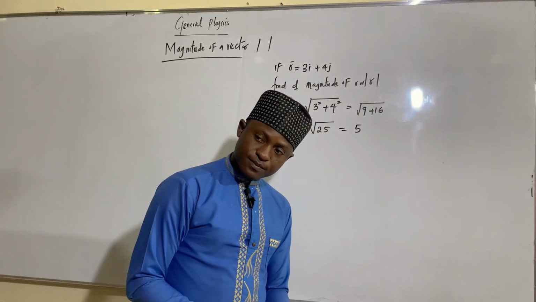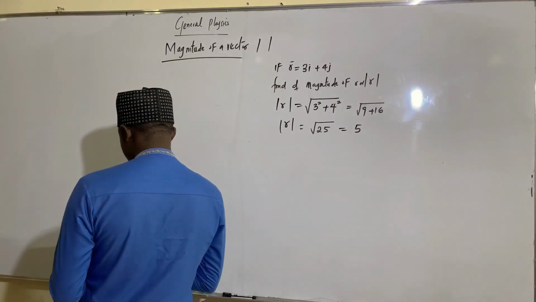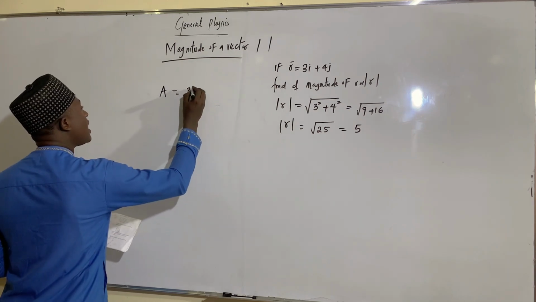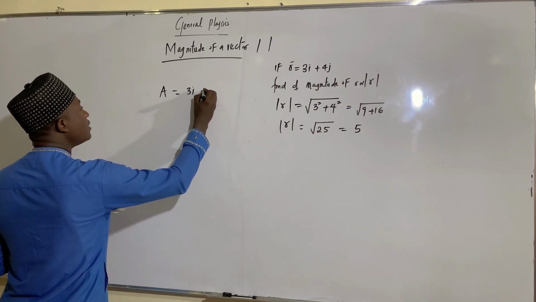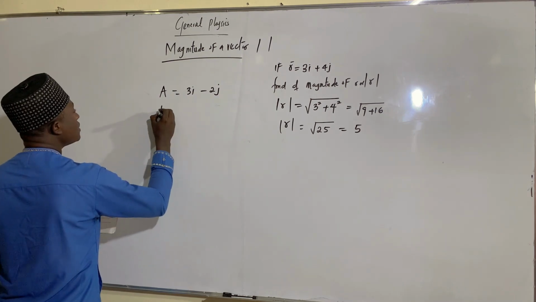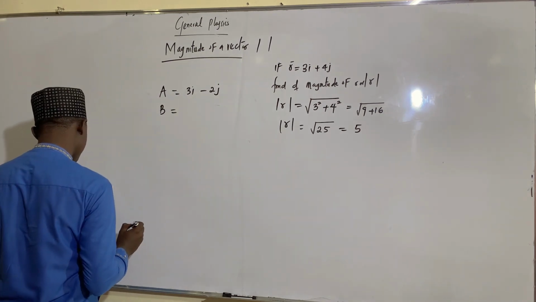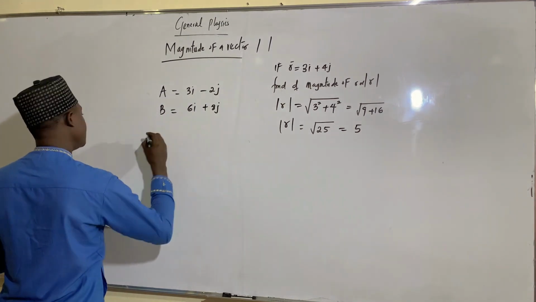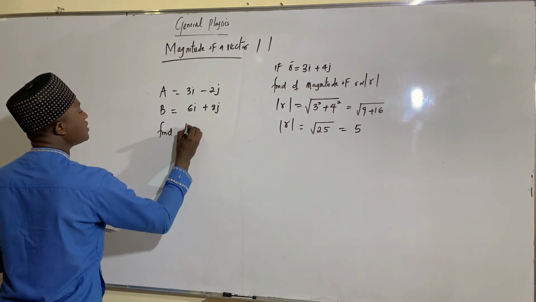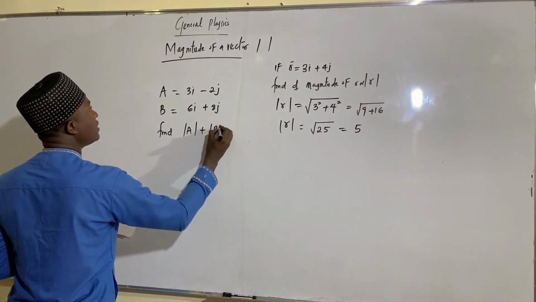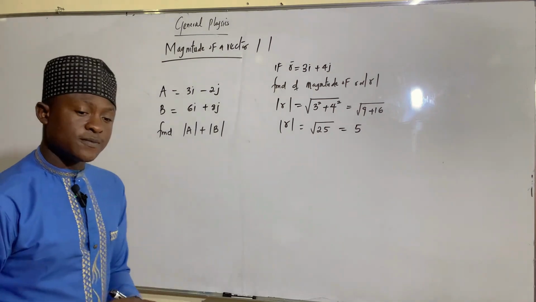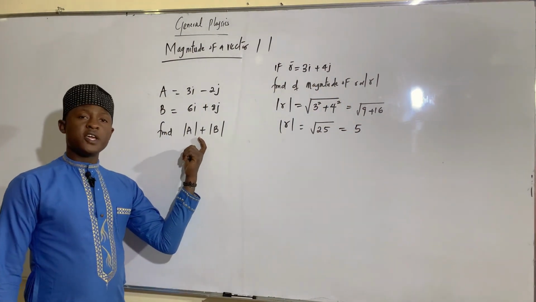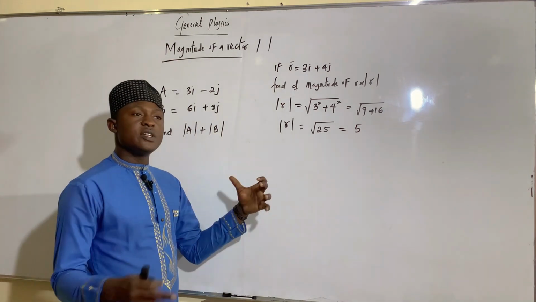They said, given that A is equal to 3i minus 2j and B equal to 6i plus 8j, find the magnitude of A plus the magnitude of B. What they are trying to tell us is that we should firstly find the magnitude of A, then find the magnitude of B, then add them together.